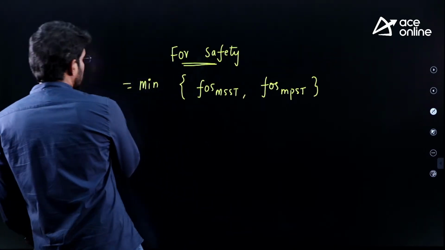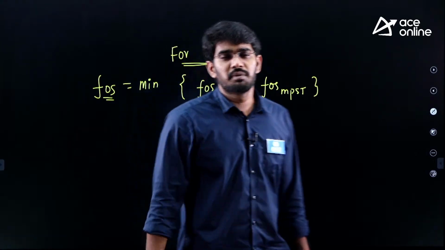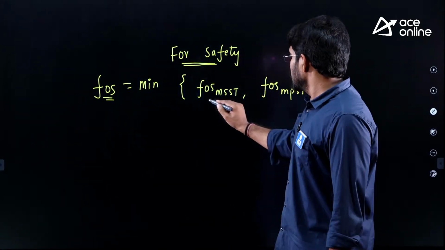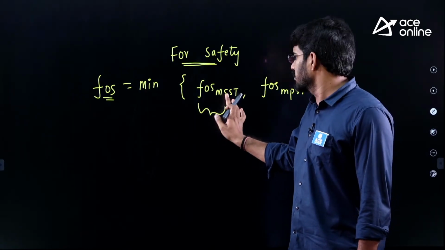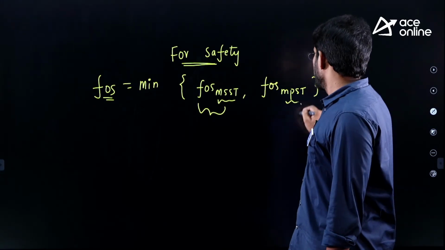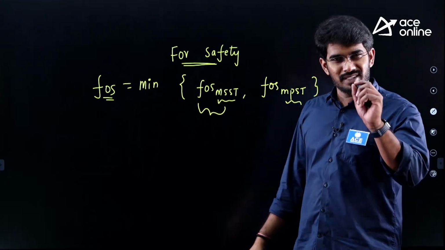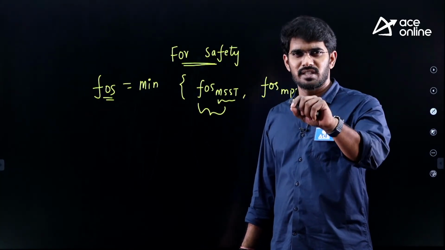For safety, factor of safety is nothing but equal to the minimum of these two values. Remember that this is the theoretical factor of safety that we have got according to shear stress. This is according to principal stress. For the same loaded point, the point is loaded the same in both cases.